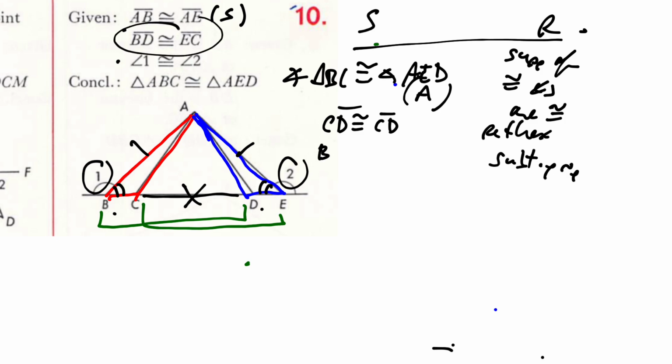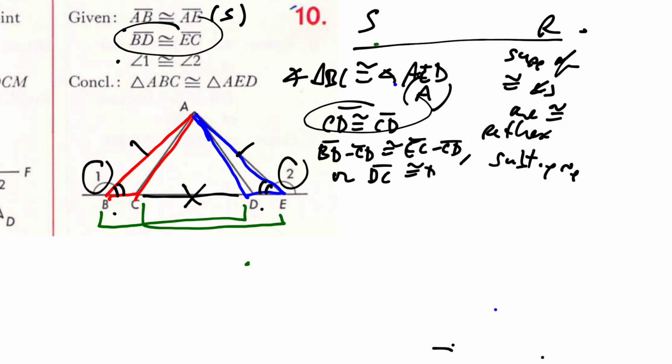I'm using this with this. So BD minus CD is congruent to EC minus CD, or BC is congruent to DE, which was the remaining side I needed, and that's why this thing is, so now I can say this piece is equal to that piece. So it's SAS.